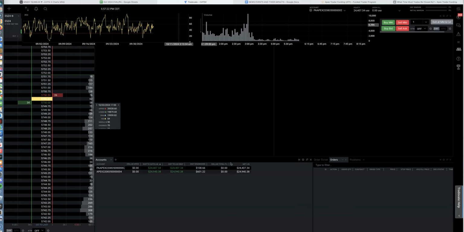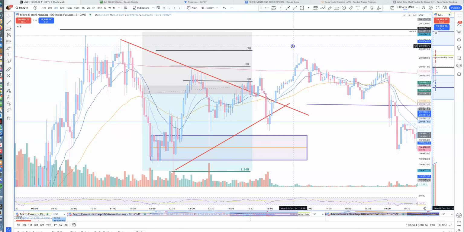Another reason why I don't like trading on my phone is because it doesn't feel as serious. I don't know if anybody can understand what I'm saying.